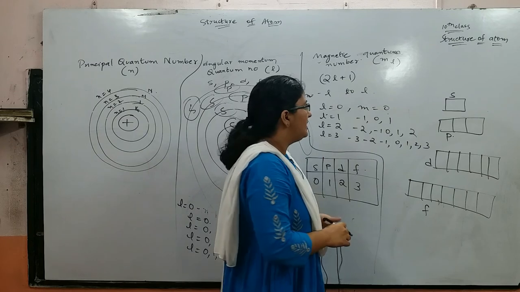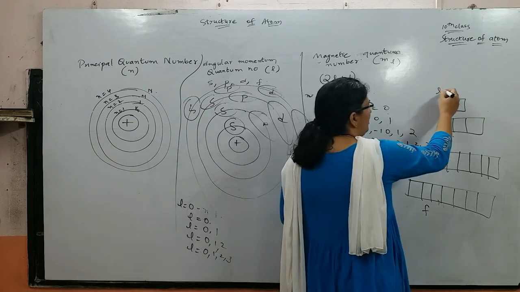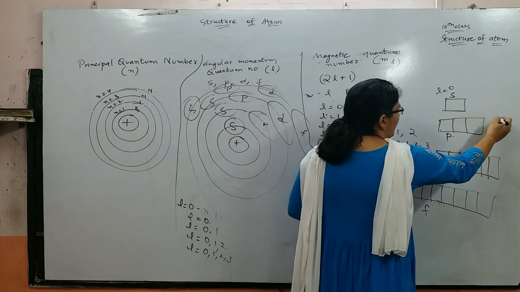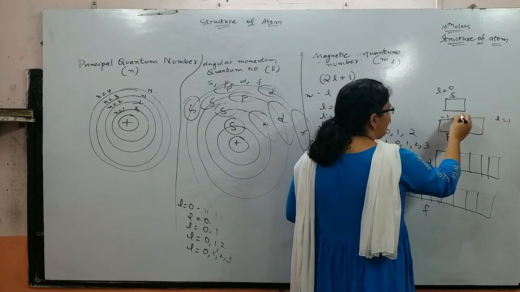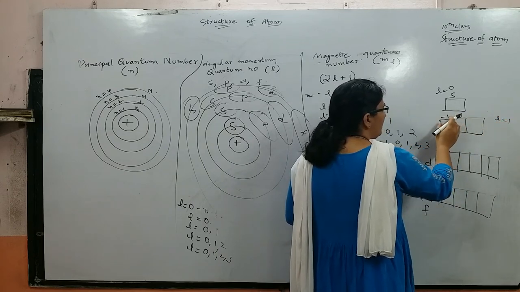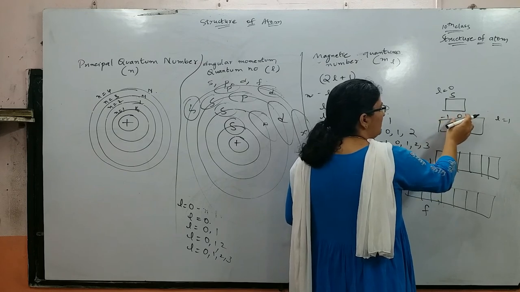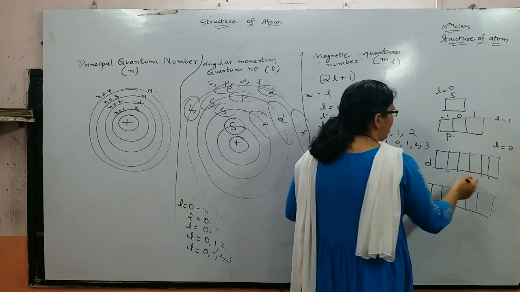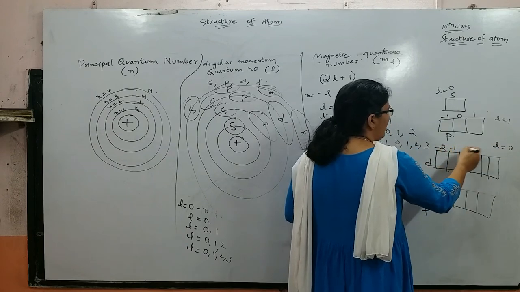When L value is 0 for S, you have only one orbital. Now when L value is 1, you have 3 orbitals, whose numbers are minus 1, 0, 1. When L value is 2, you have 5, that is minus 2, minus 1, 0, 1, 2.